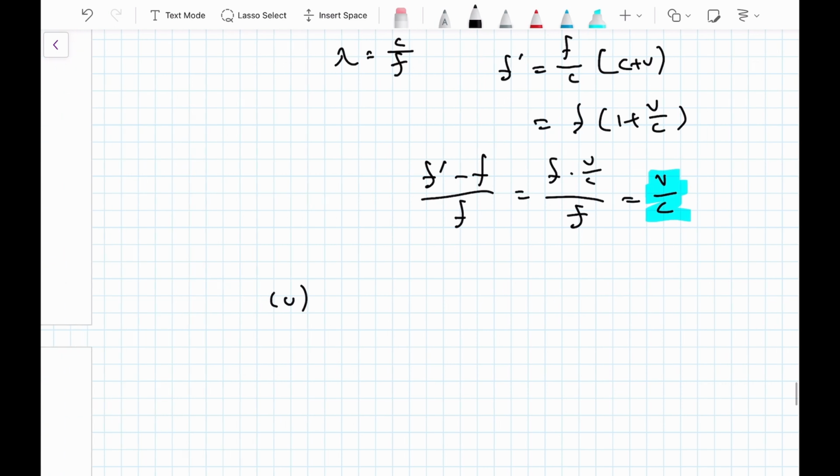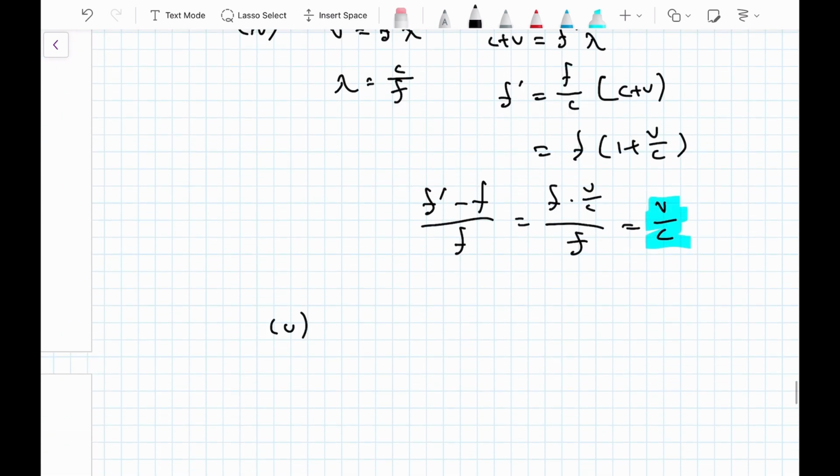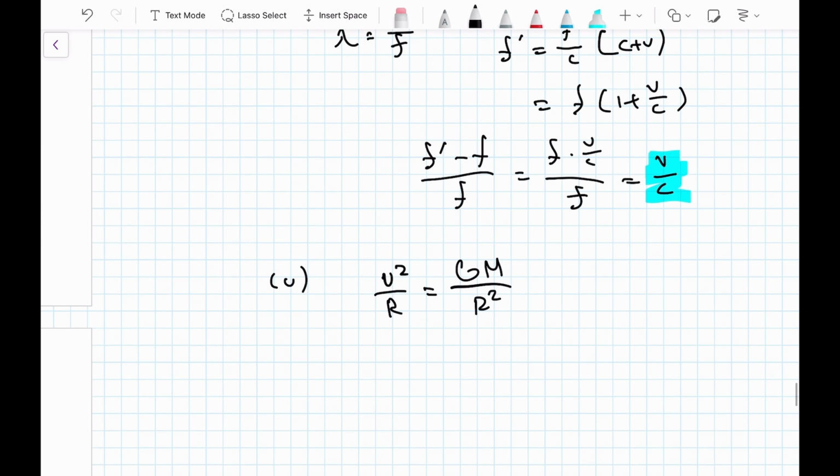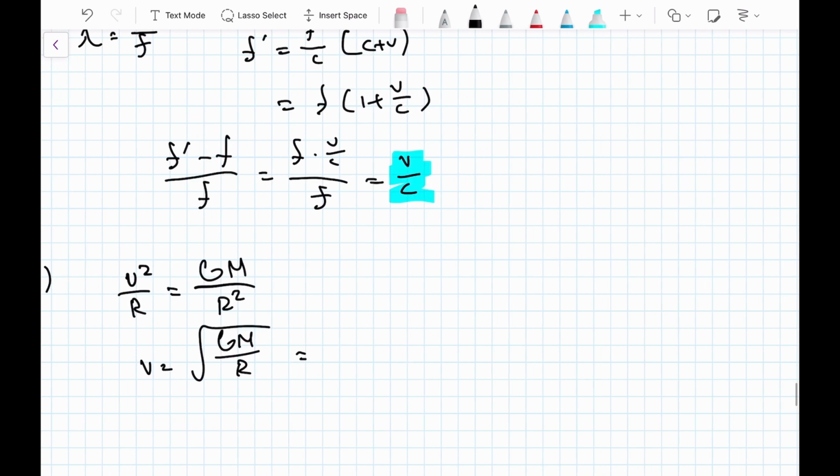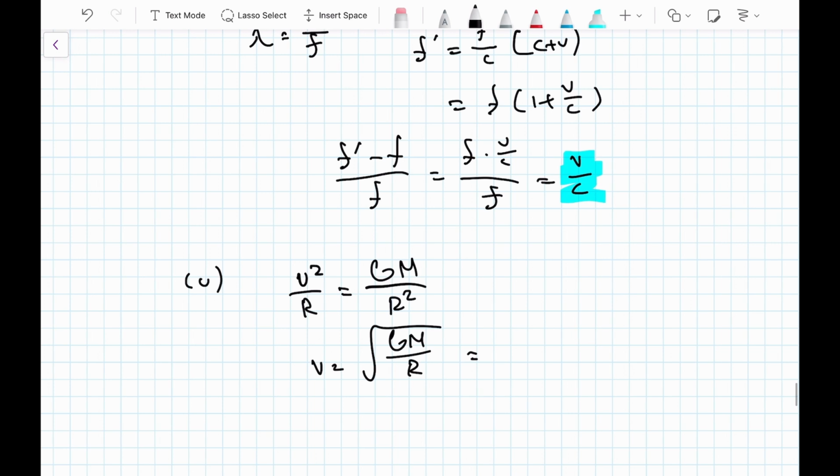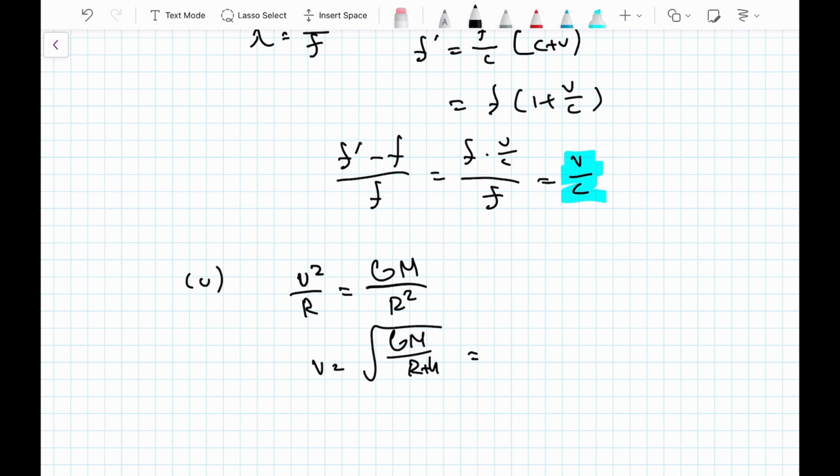Okay, so first of all, we need v squared over r is equal to GM over r squared. So we have v should be equal to the square root of GM over r, and in this case this is r plus h, because it's orbiting at a height of 780 kilometers above the surface of the Earth.